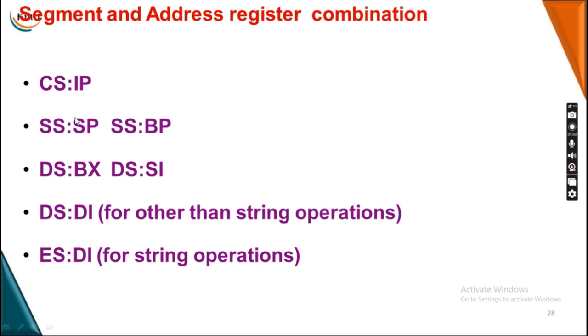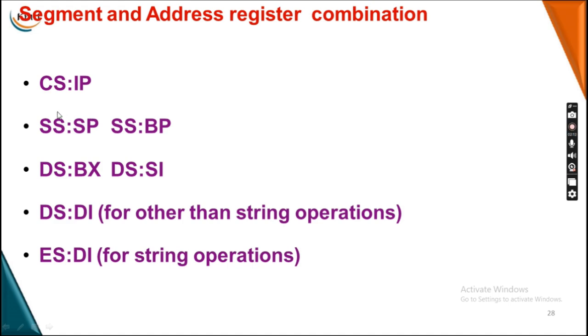For stack segment, we have SP, which is nothing but stack pointer, which points to the top of the stack. So if the instruction which is present in the top of the stack is to be fetched, we need to use SP as the offset address in the stack segment.